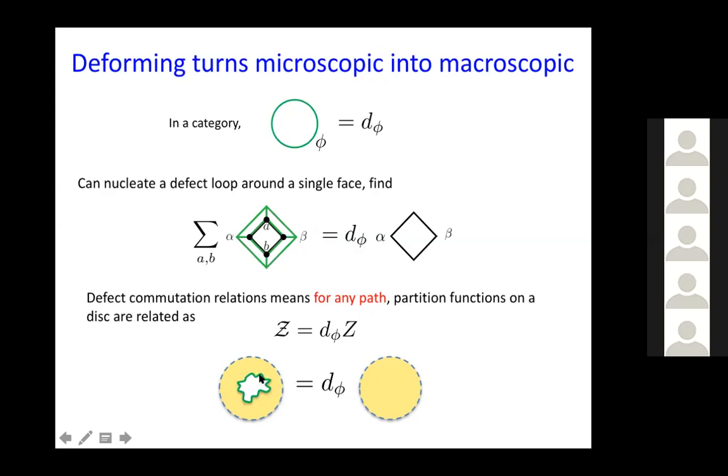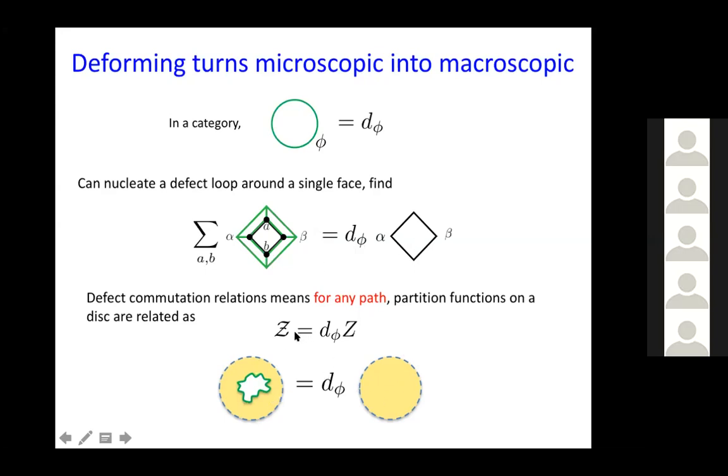So I have some partition function for this. This is my schematic notation for a partition function with a defect. And whatever it is, I can use the defect commutation relations to shrink it down to just one, the shortest possible, so just surrounding one face, and then I get rid of it using this.